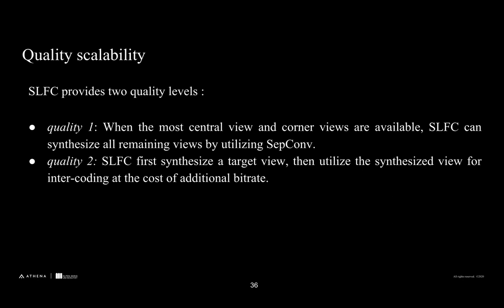So the generated bit stream is considered as a base layer here. But when we use reference views for intercoding of intermediate views in layers 3 to 7, then this additional layer can be used as an enhancement layer and improve the quality of intermediate views, and it is considered quality level 2.